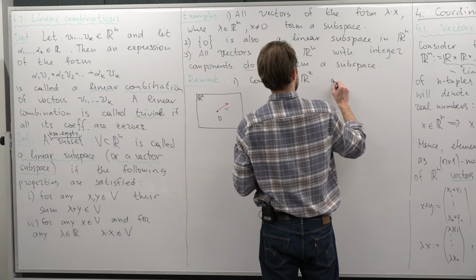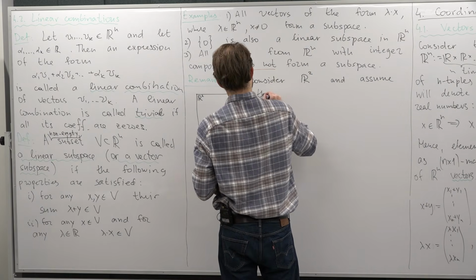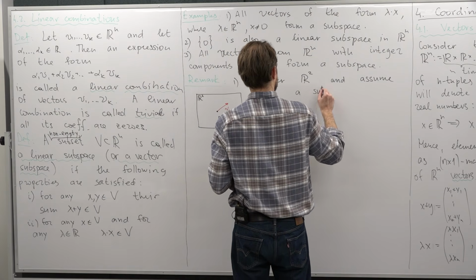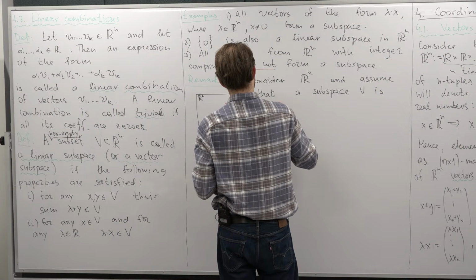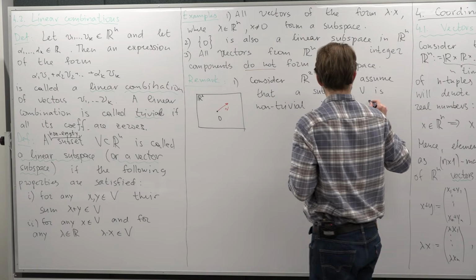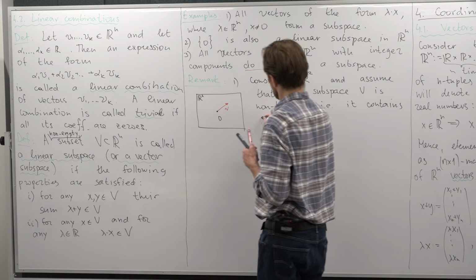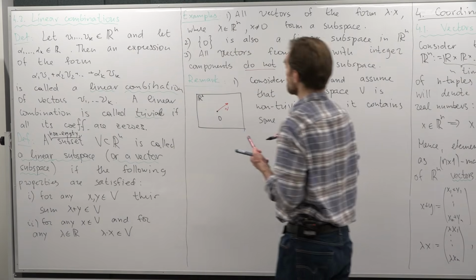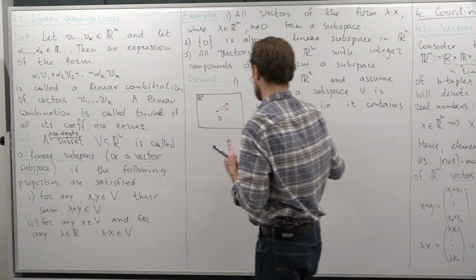So consider R2 and assume that a subspace V is non-trivial, so it contains some non-zero vector. Then, according to the definition, it should contain all vectors proportional to this vector.